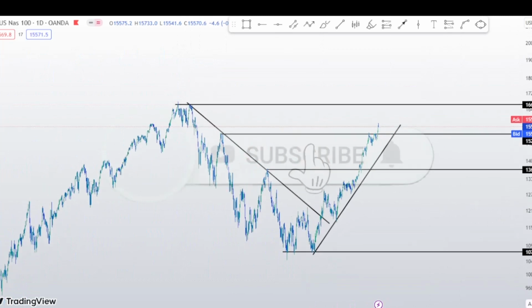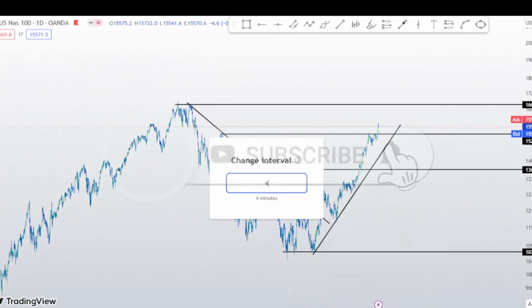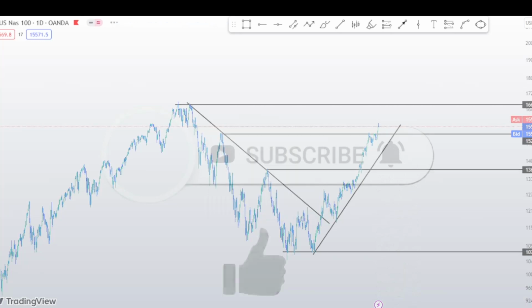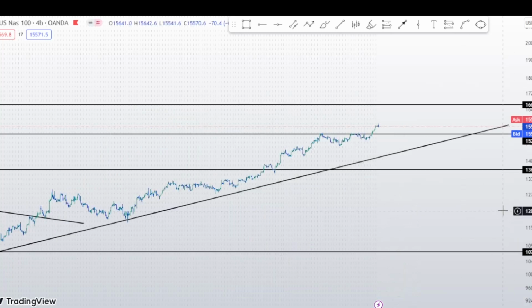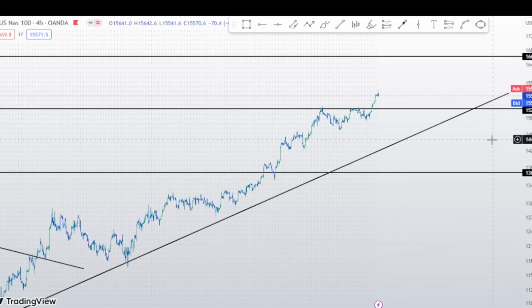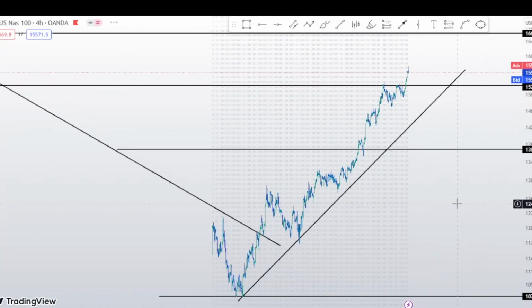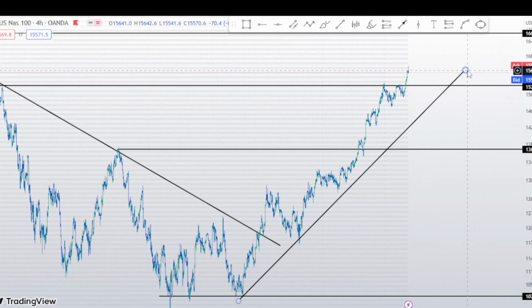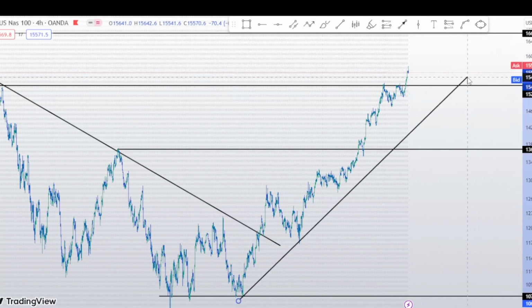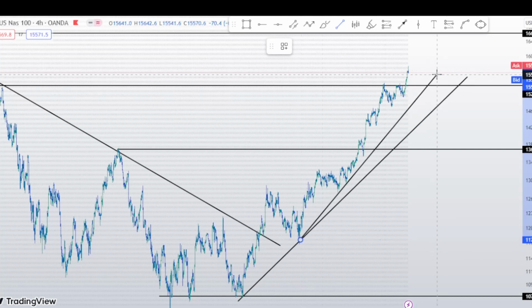It's on a daily. I can go to H4. What I'm going to draw here on H4 will display on H1 and 30 minutes the same. So I have a trend line here.